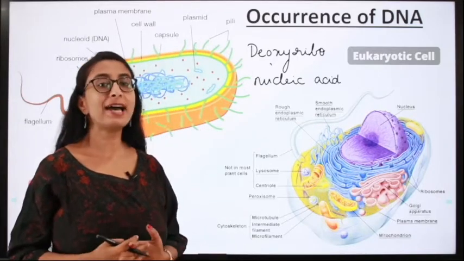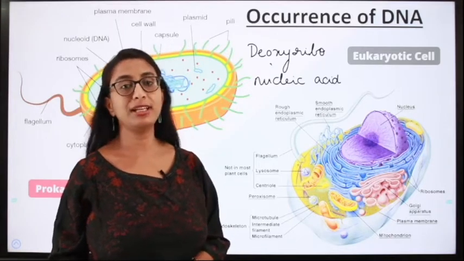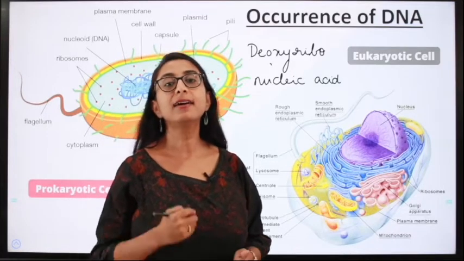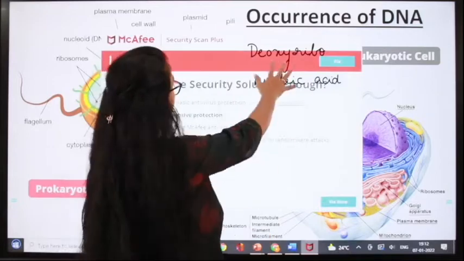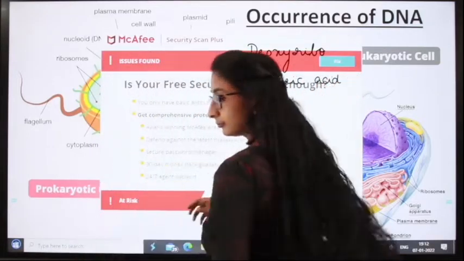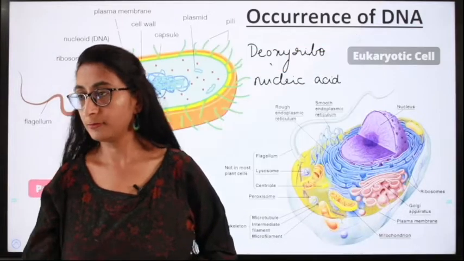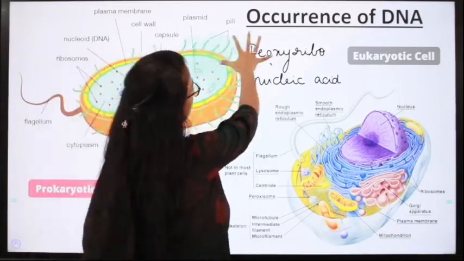However, we do have certain organisms which have RNA as the genetic material. So what is RNA? RNA is ribose nucleic acid.